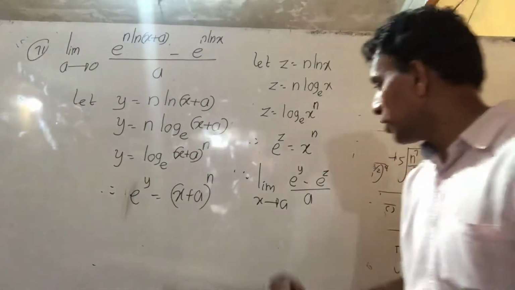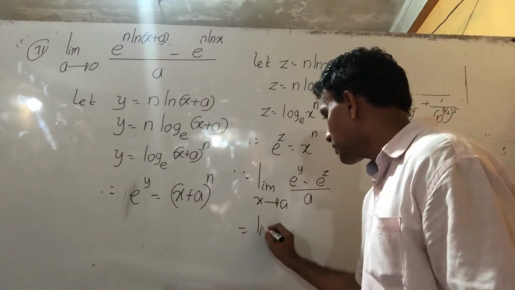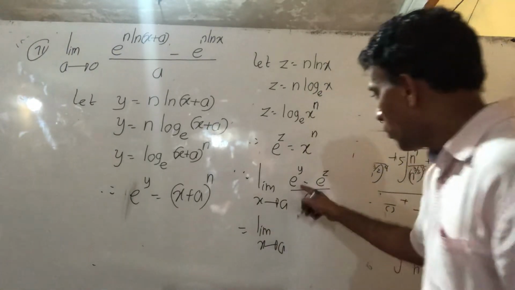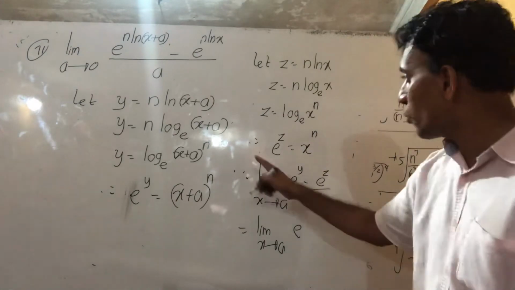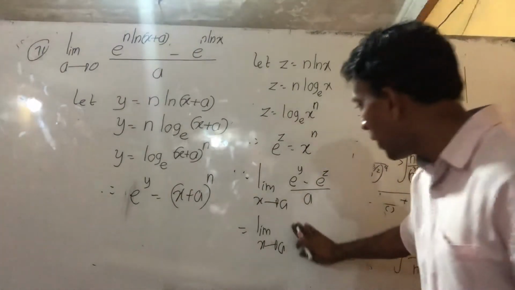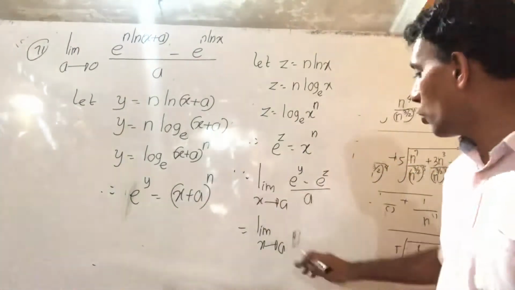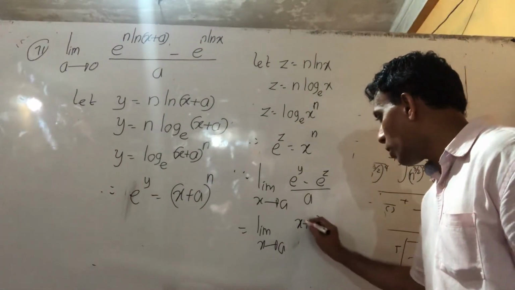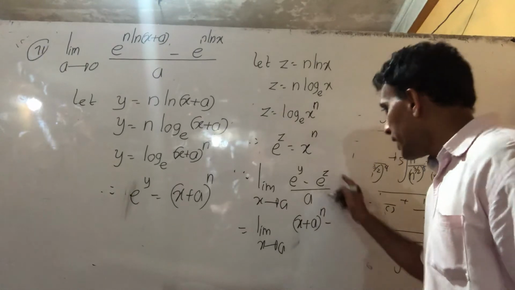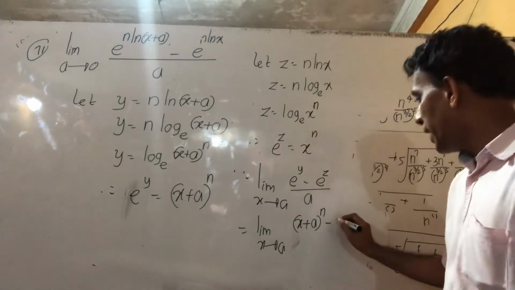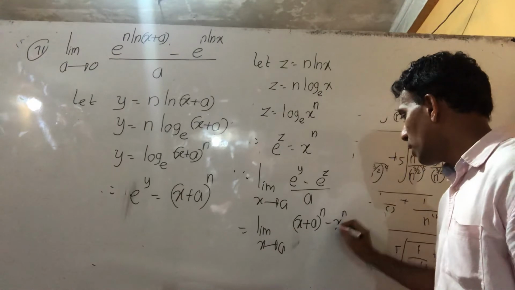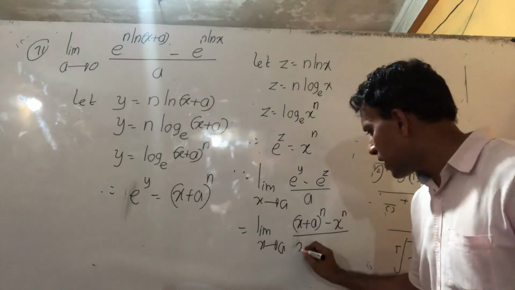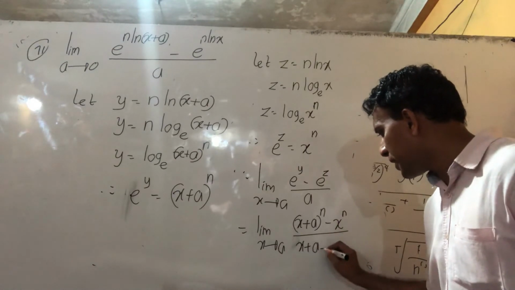Okay, further thing that limit x approach to a, what is y? E to the power y, e to the power y is what? X plus a to the power n, e to the power z is what? X to the power n, below what? A. Can I write the a like this? X plus a minus x.